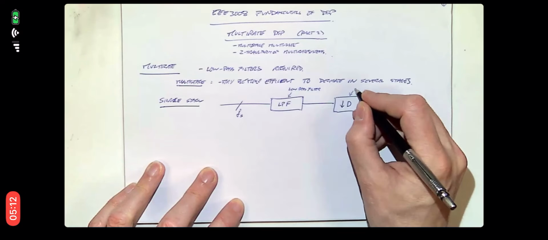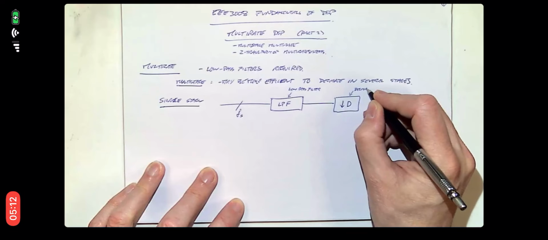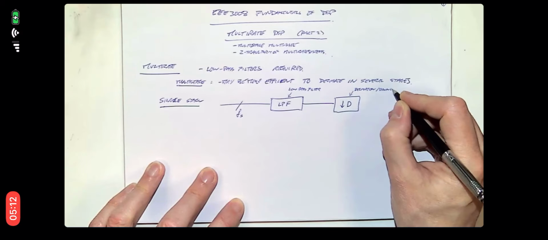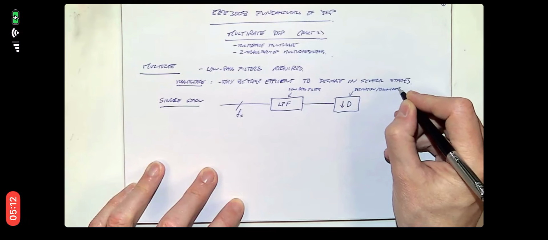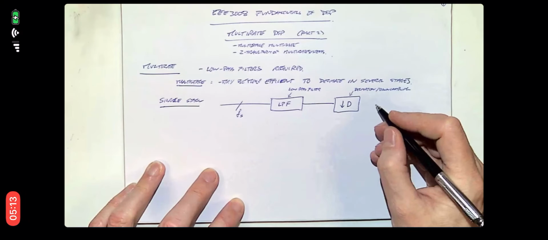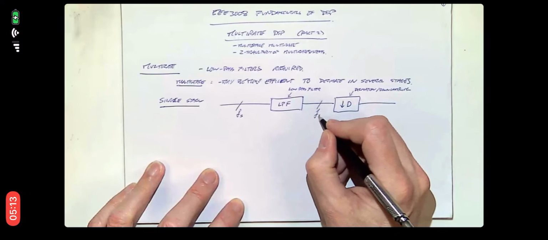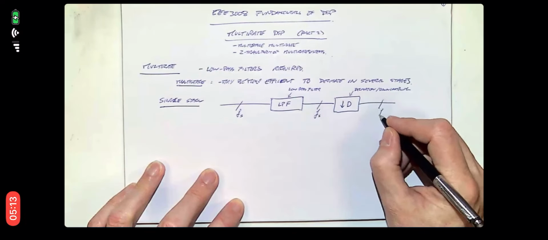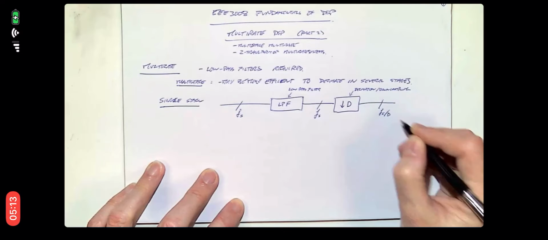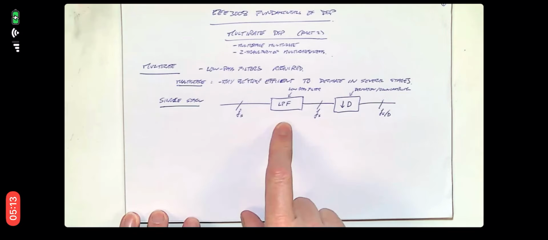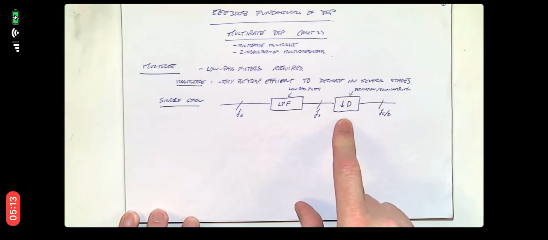Here we've got our decimation or downsampling stage. And so here we were at our sample frequency fs. Here we're at fs divided by D. So this is the single stage version that we talked about before. We need to design this low-pass filter and then decimate.